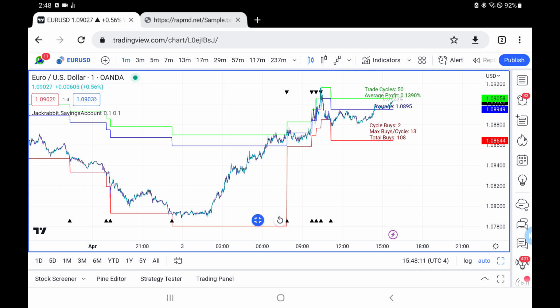So let's take a look at it in greater detail. This is using a 0.1% take profit and a 0.1% deviation. So that means your budget required for this particular setup is going to be about $1,000. And that is using just single unit sizes. So 1 unit trades.